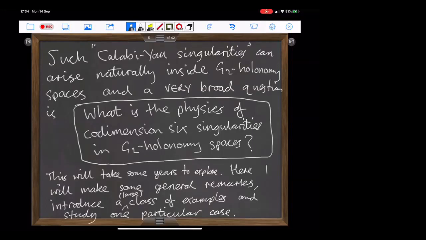Locally, the topology of such a singularity will be the same as that of a Calabi-Yau example, because near the singularity the G2 holonomy group will break to locally SU3 times the trivial holonomy group. So that already shows you that such a singularity is one that arises in a Calabi-Yau threefold in general.